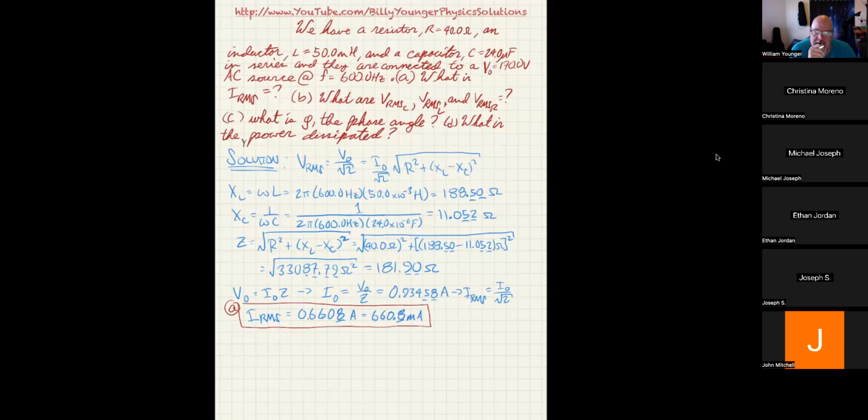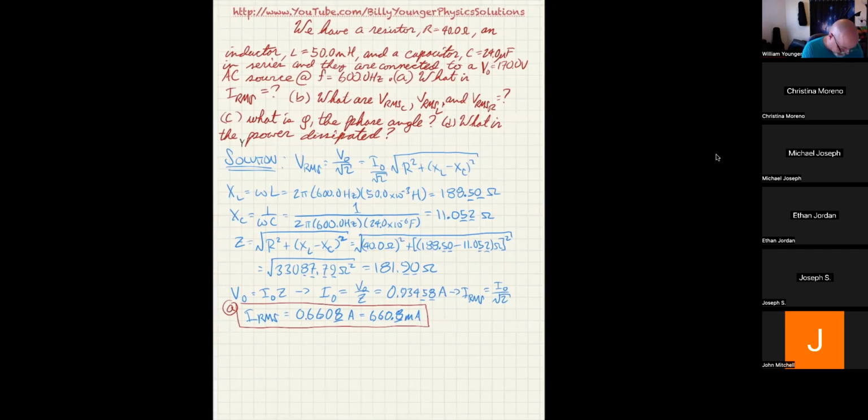Now what we want to know is what is the RMS voltage across the actual resistor, across the actual capacitor, and across the actual inductor. Since we're using this V0, we really need a VRMS. I should have done it earlier, but I'll go ahead and do it now.